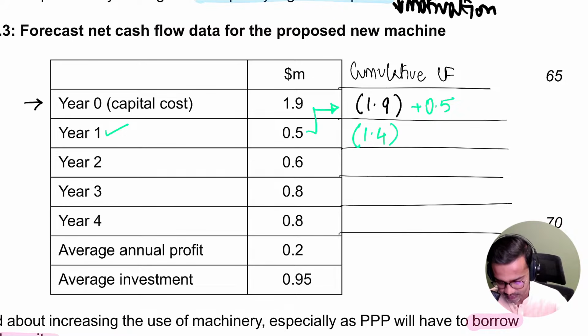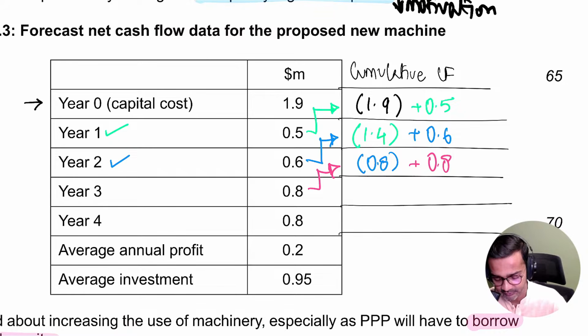Then comes year 2, where you make 0.6. So you add that to minus 1.4. And minus 1.4 plus 0.6 means that at the end of year 2, you're still left with 0.8. So it'll take all of year 2. Then year 3, you add that to minus 0.8, minus 0.8 plus 0.8, which means that at the end of year 3, you're going to get all the money that you've invested into the project recovered.